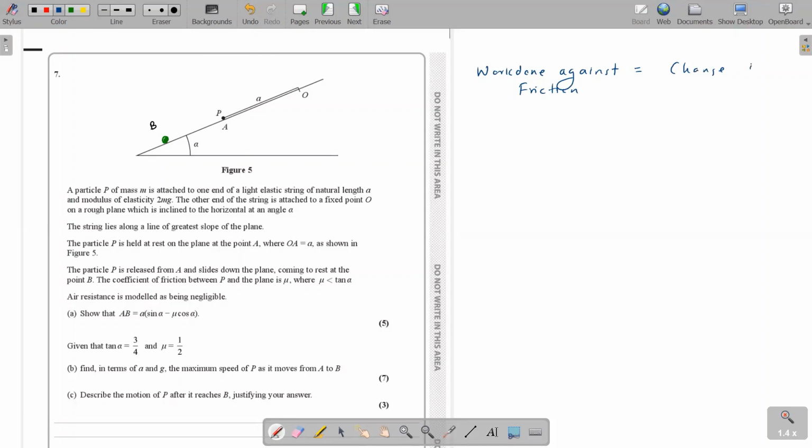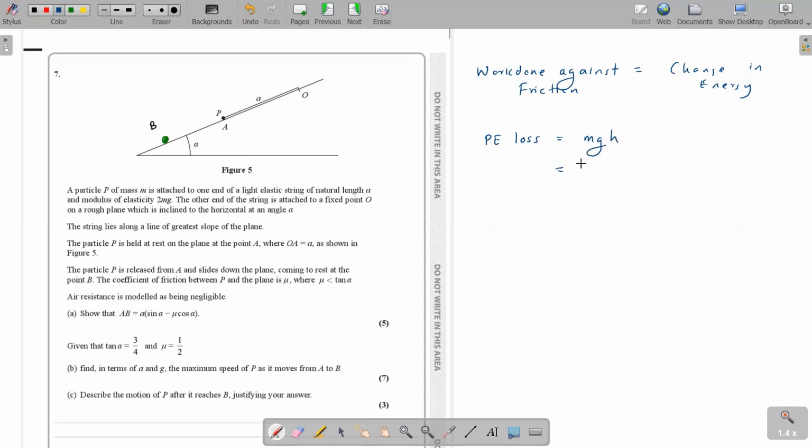So let's talk about the energy differences we have here. What are the energies we have? Traveling from P to B, you are sliding down, so you definitely have a potential energy loss. To get that, we use mgh.